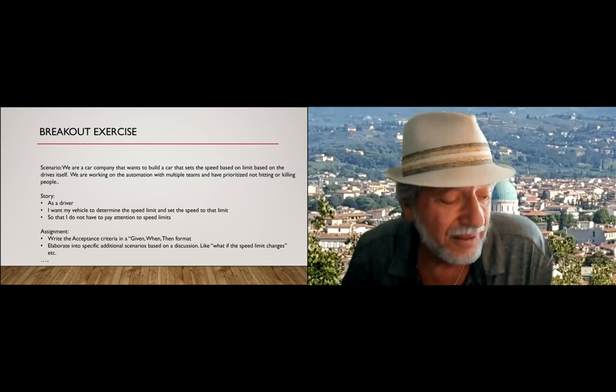When the speed limit is 55 and the car speed goes above 55, then apply the brakes to get the speed back down to 55. And conversely, given the speed limit is 55, when the speed of the car goes below 55, or 54, 53, whatever we want to set it at, then speed up back to the speed limit.